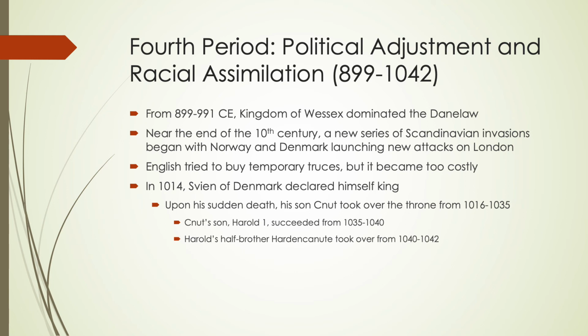Knut's son Harold succeeded him when he died for a few years, and then Harold's half-brother Harthacnut took over for just a few years from 1040 to 1042. So from that early time period in the early 1000s was where these Danish kings and this Nordic rule had reestablished itself and taken over the throne during this time period.